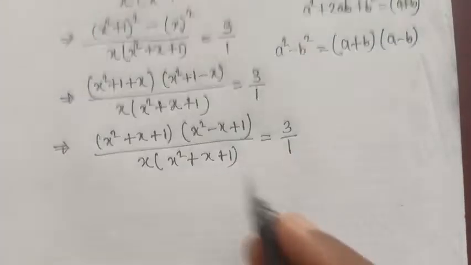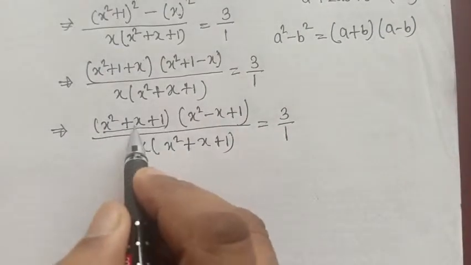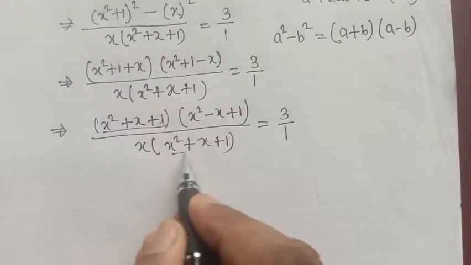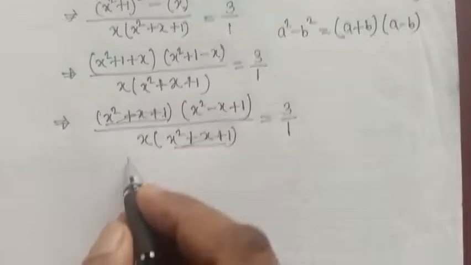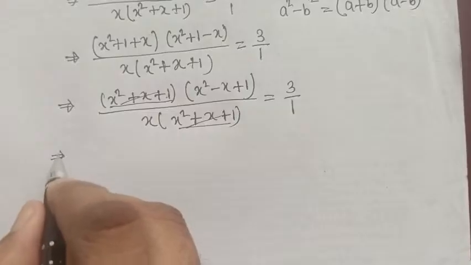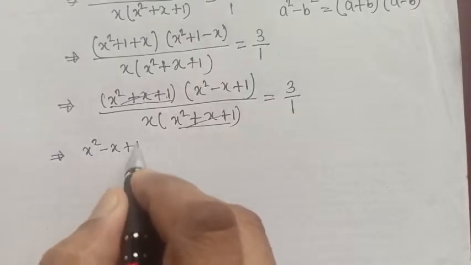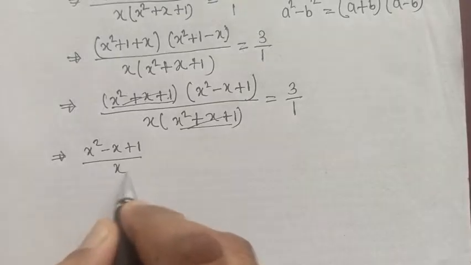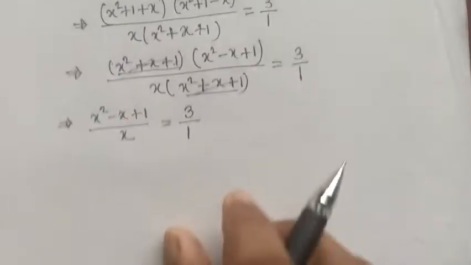Now we got one same expression, that is x square plus x plus 1, here and here also. So that will cancel out, and the remaining part will be (x square minus x plus 1) by x equals 3 by 1.